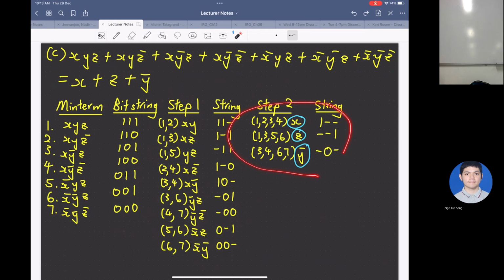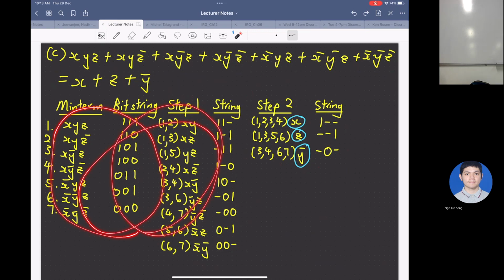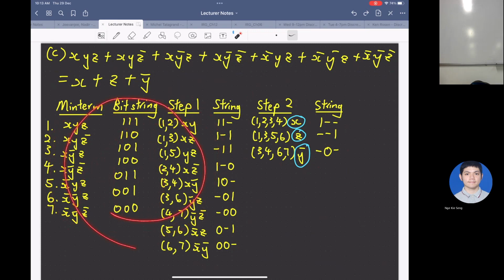You keep doing it until you can't do it anymore. What does it mean when you can combine? These terms are not prime implicants. What you are left with is the prime implicants, so you need to pick up the prime implicants. Make sense?